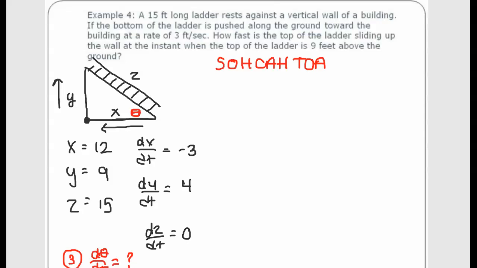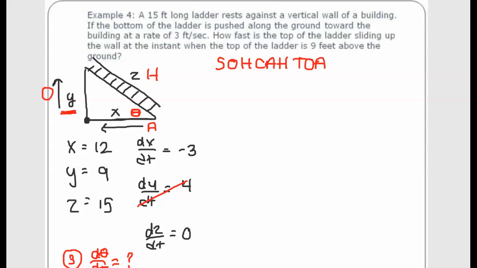Since we found dy dt, I'm going to try not to pick the derivative that's going to involve side y. So side y, in the case of SOHCAHTOA, is my opposite, z is my hypotenuse, and x is my adjacent.